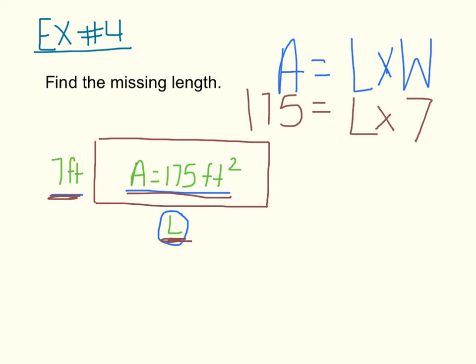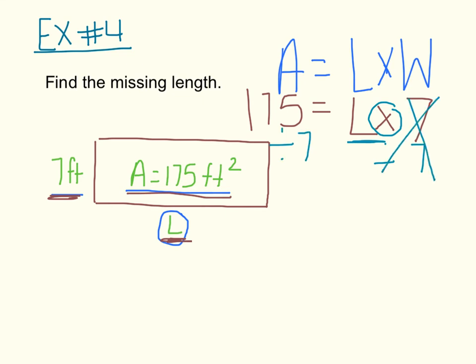Now we solve. You've got to think back to when we were doing our algebra portion. We have to get the L by itself to figure out what that number is. So we do the opposite of multiplication, which is division. We divide by 7 on both sides.